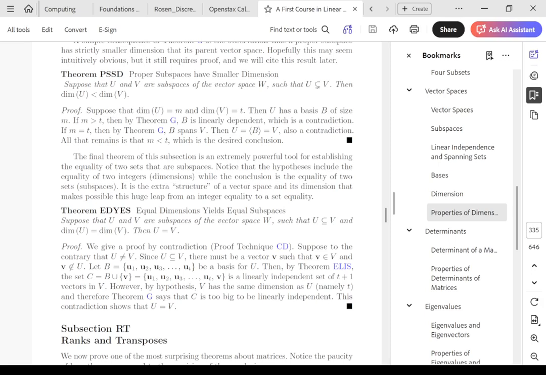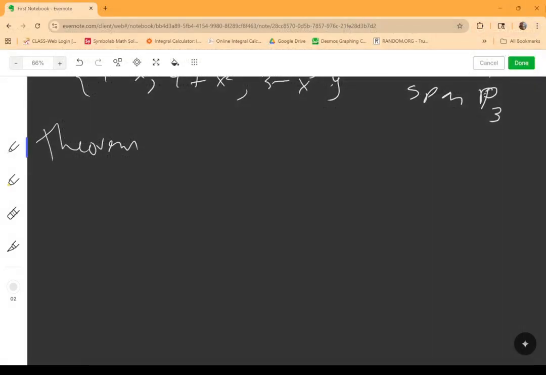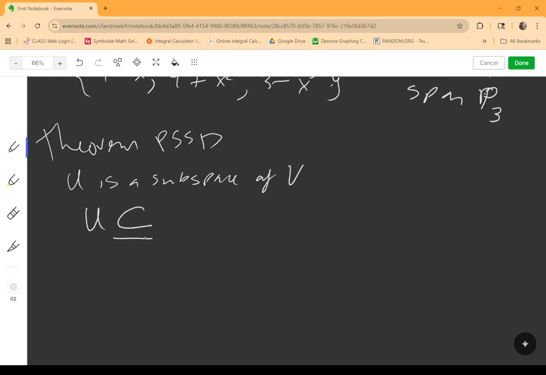So for example, theorem PSSD. Here we have that, let's say U is a subspace of V, with U being a proper subset.